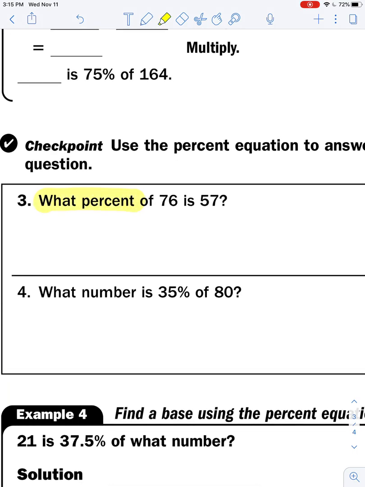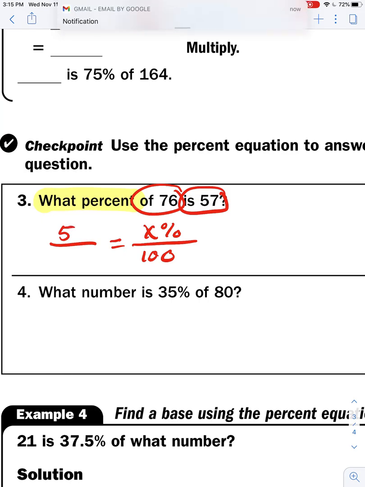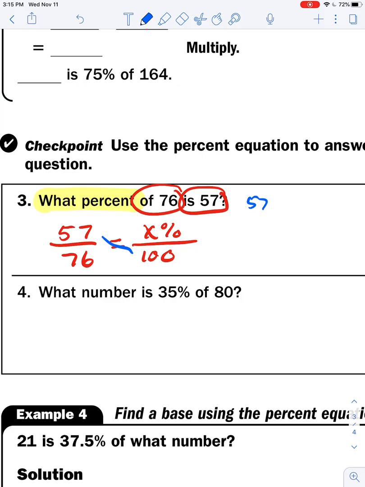Okay, so let's try a couple of these. What percent, so again, I'm looking at that as my unknown, of 76 is 57? So always 100 down here, don't know my percent. 57 is what percent of 76? So I've got my part over the whole.